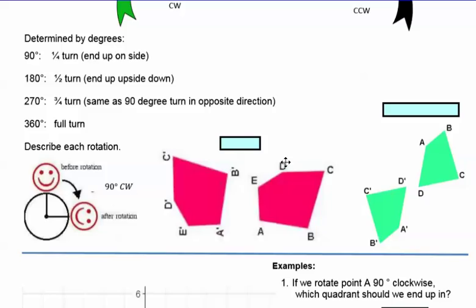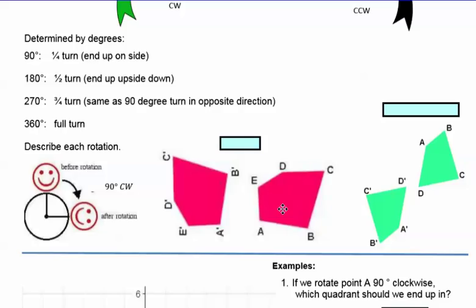Looking at this one, which one is the pre-image now? Our pre-image is this guy. Why? Because it doesn't have the tick marks. These guys have the tick marks, the primes. So this is my new image, this is my old image. What's going on? If you look, it's turning, and which way did it turn?